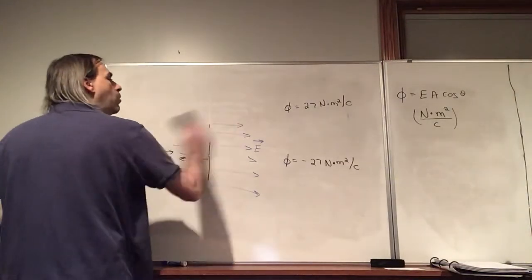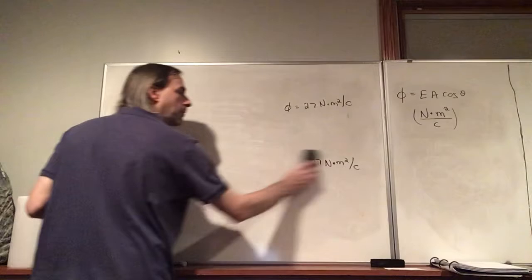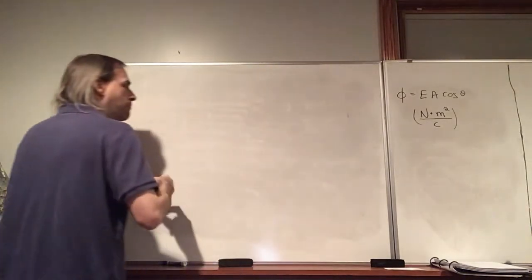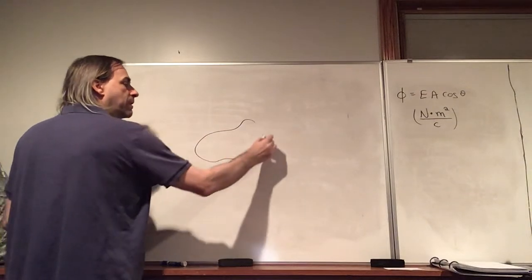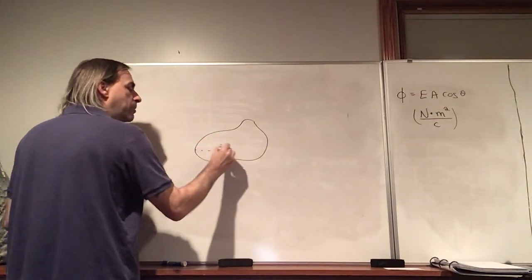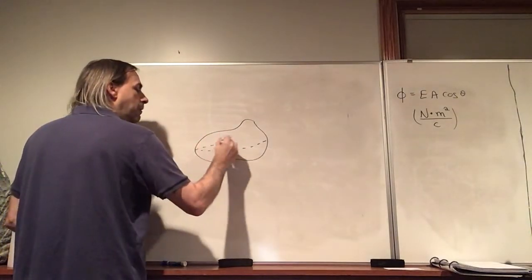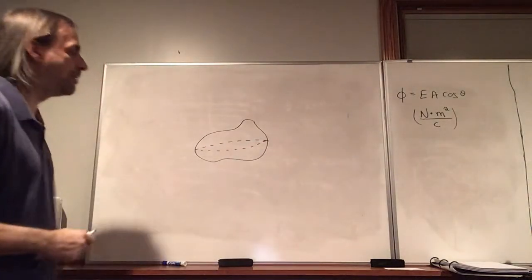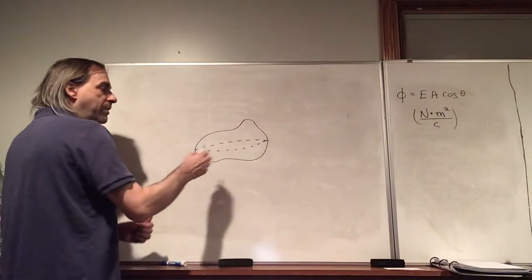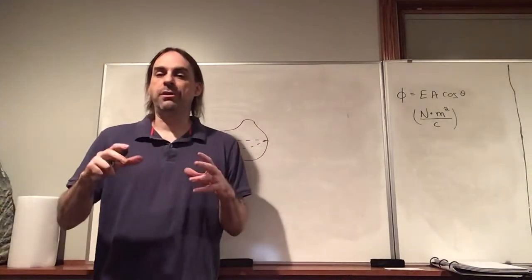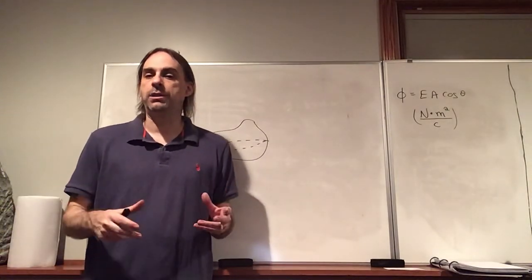If you have a closed surface, so let's say we have some random surface, and let's say it's closed, so I'm going to draw it like this, just to try to give it this three-dimensional look. So we have a closed region, so there's an inside and an outside.